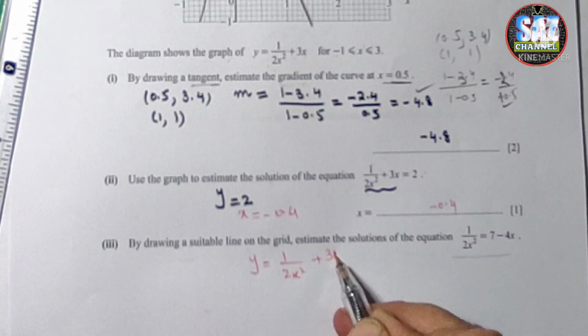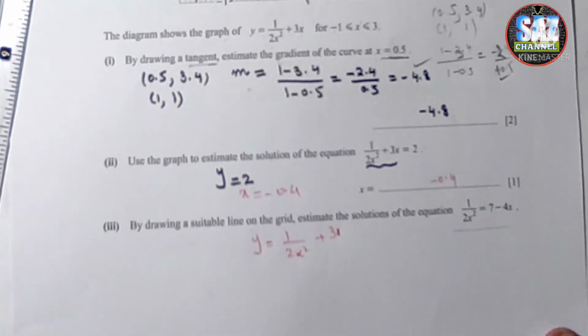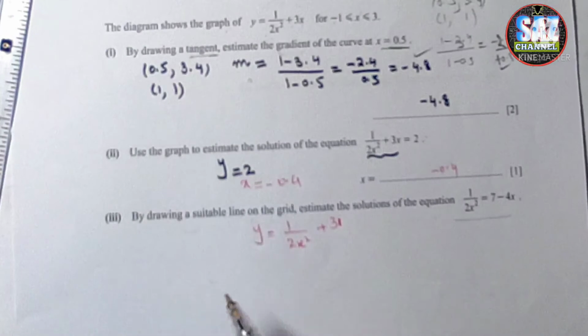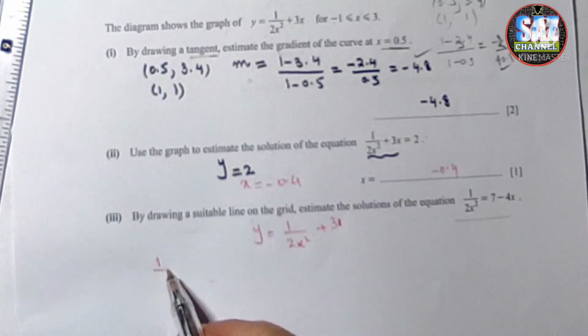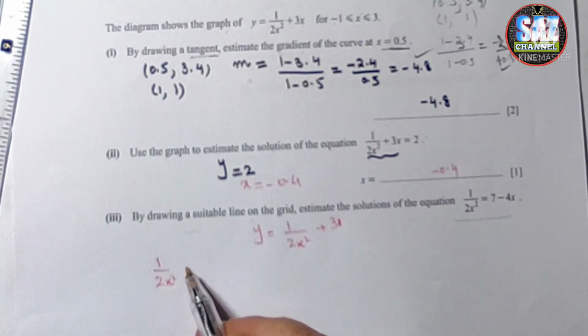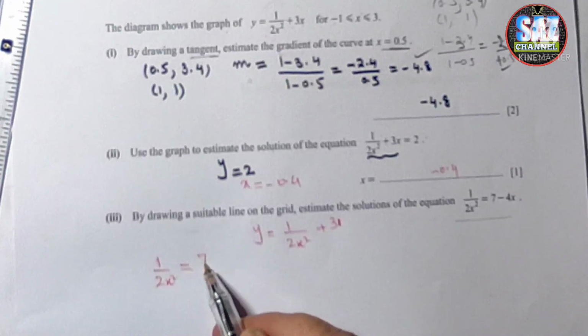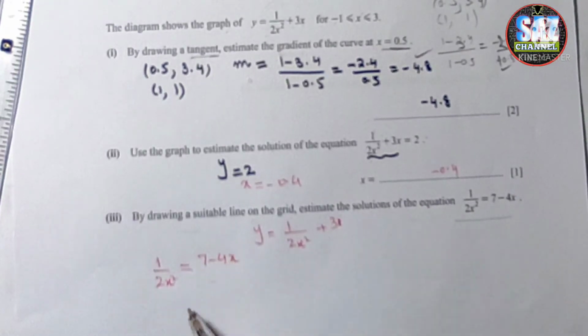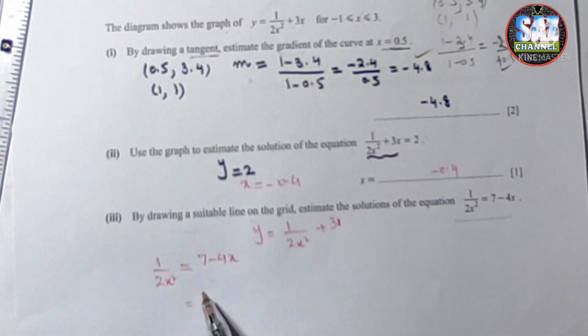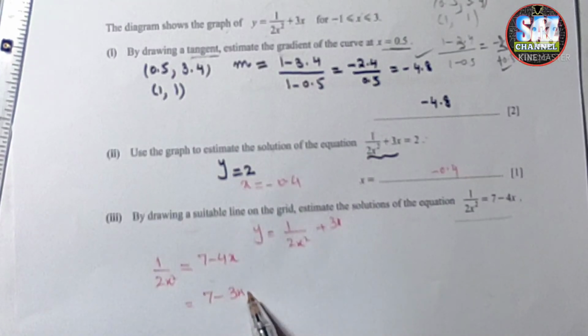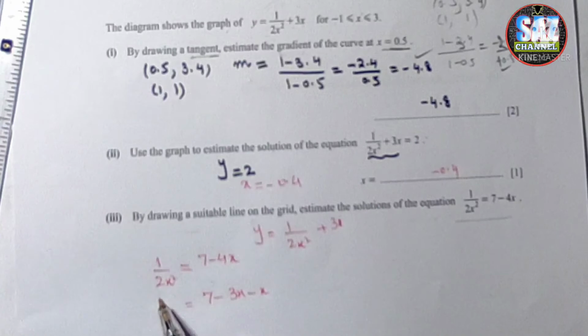Now if we observe the question carefully, we can see that in this situation we are given with 1/2x square equals to 7 minus 4x. This minus 4x can be written as minus 3x and minus x.